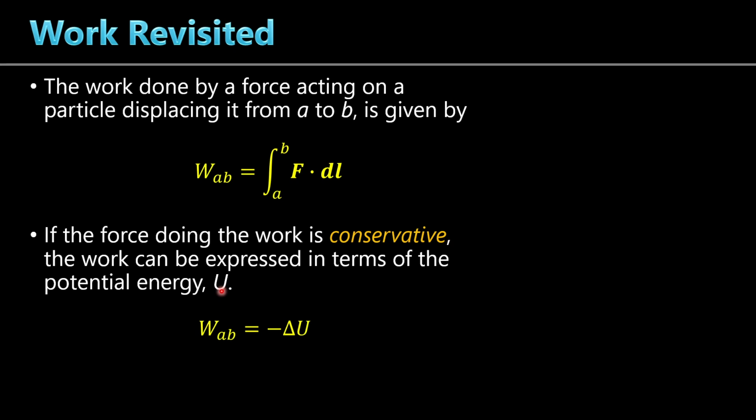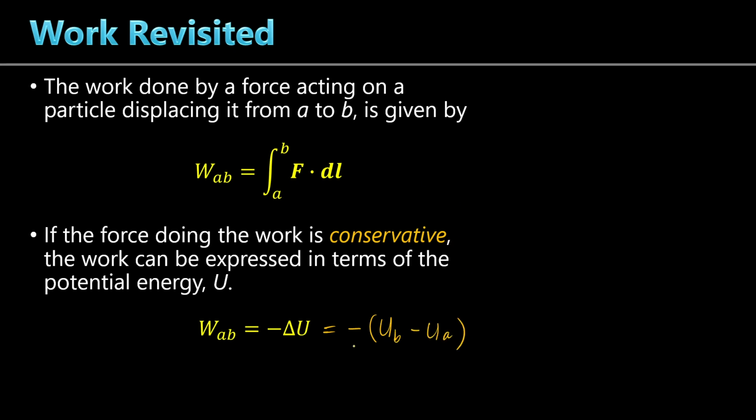If you may recall, in thermodynamics, we use delta U for the change in internal energy. But this time, delta U represents the change in potential energy. And since it's a change, we can express it as a difference, no? Final minus initial. If the initial is A and the final is B, then the work done is equal to U_B minus U_A.